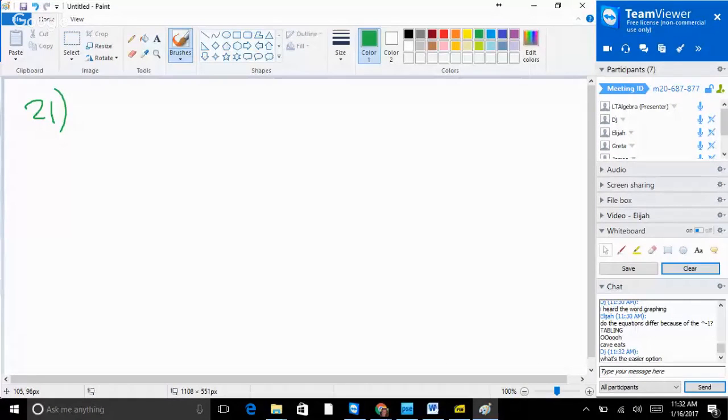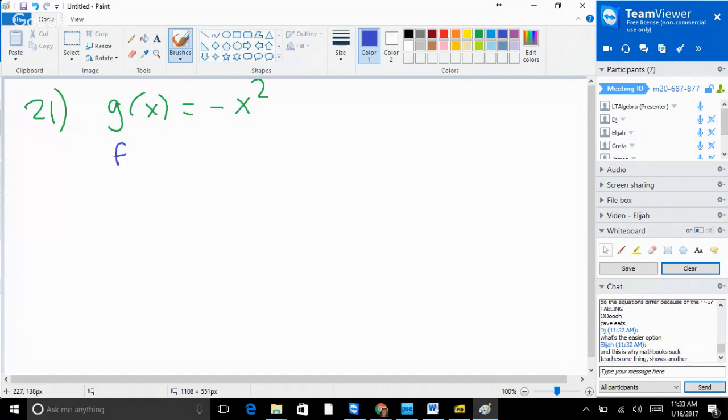We've got, this is also from your book, and for some reason they made the equations different. I don't know why they did this. So g of x equals negative x squared. Teaches one thing, shows another.